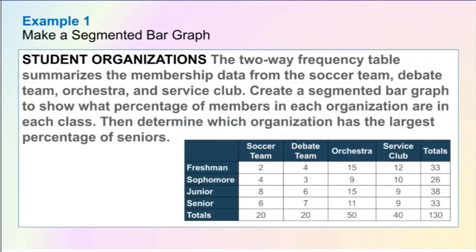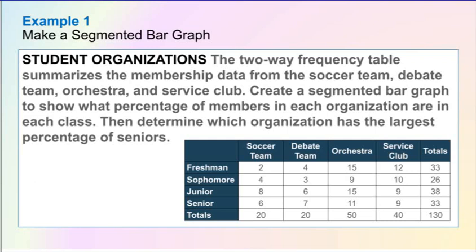So our first example: the two-way frequency table summarizes the membership data from the soccer team, the debate team, orchestra, and service club. Create a segmented bar graph to show what percentage of members in each organization are in each class, and determine which organization has the largest percentage of seniors.